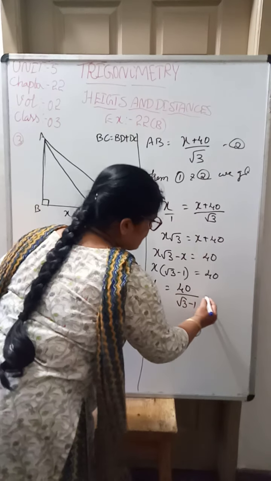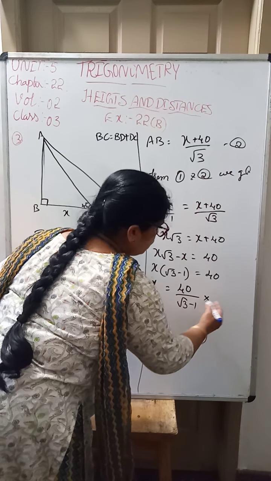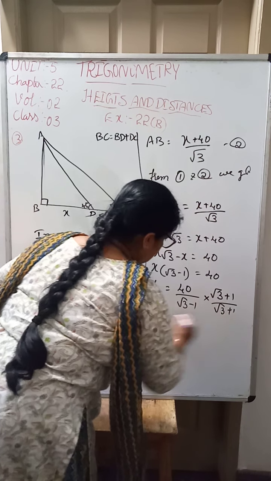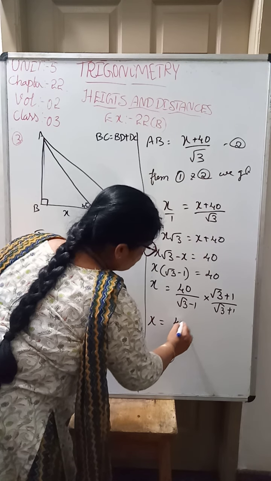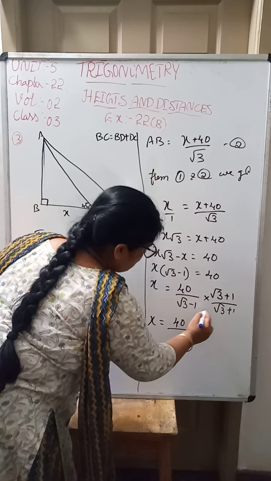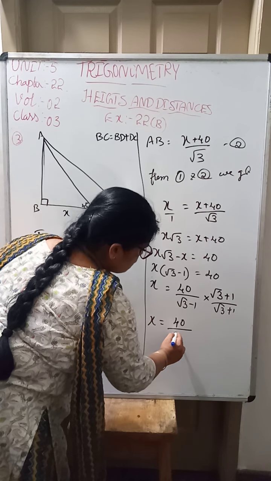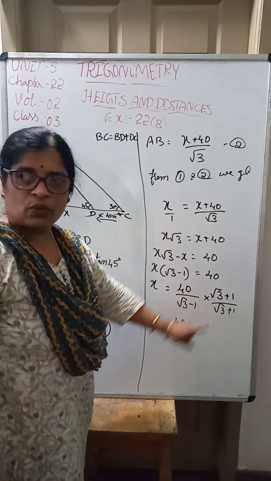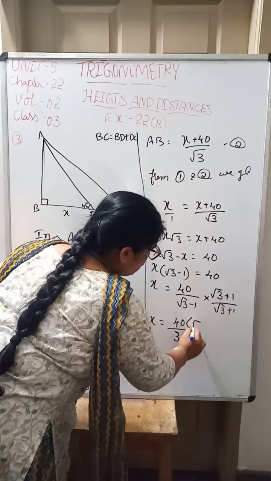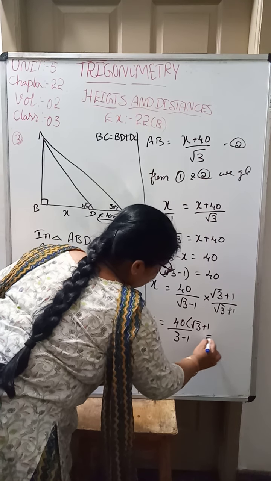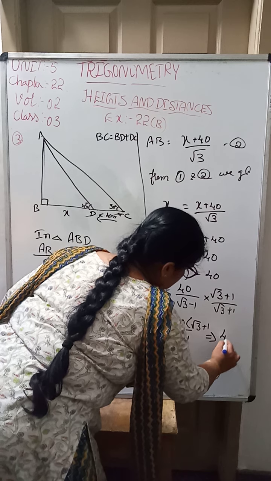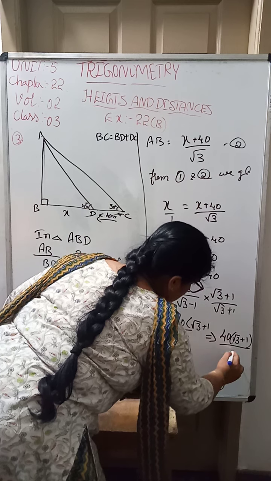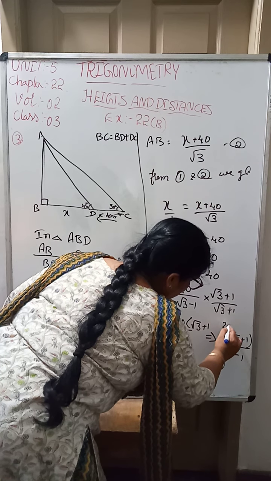Now here rationalize the denominator. Multiply both the numerator and denominator by root 3 plus 1. Now we will get X is equal to 40 into root 3 plus 1 divided by root 3 minus 1 into root 3 plus 1, that means root 3 whole square minus 1 square, that is 3 minus 1. Now we will get 40 into root 3 plus 1 divided by 2. 2 ones are 2, 20s are 20.